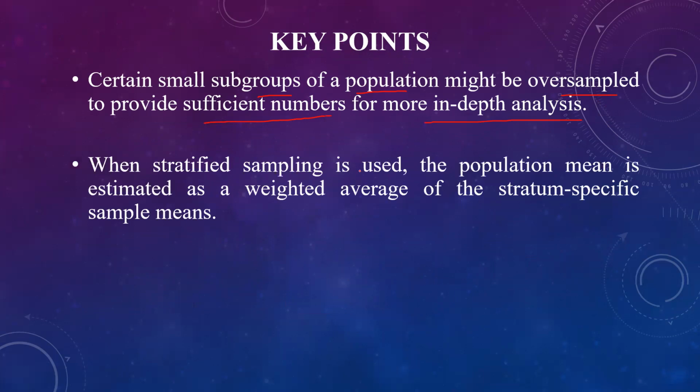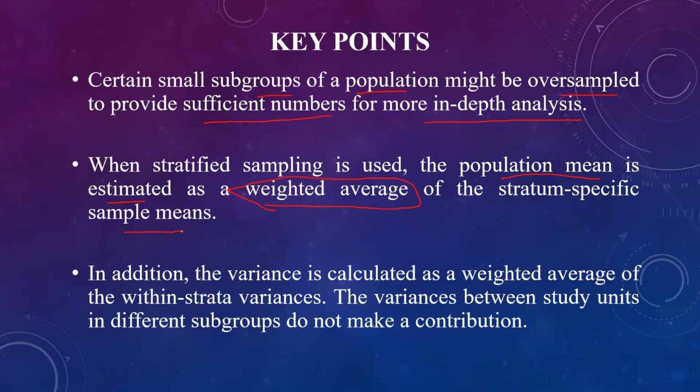When stratified sampling is used, the population mean is estimated as a weighted average of the stratum-specific sample means. In addition, the variance is calculated as a weighted average of the within-strata variances. The variances between study units in different subgroups do not make a contribution.